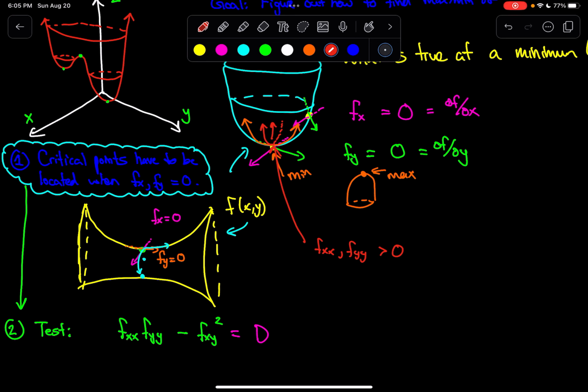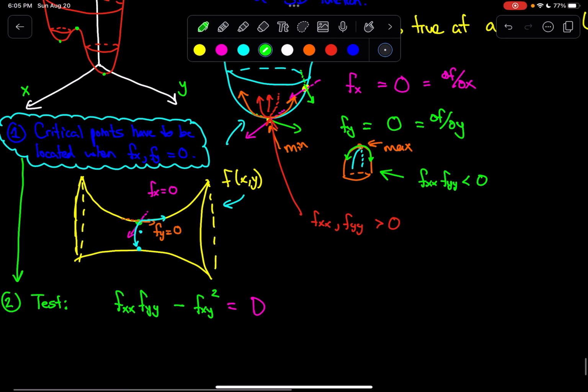Now, for a maximum, it's going to be very similar but opposite, right? We have to make sure that in the x direction, we're concave down, and in the y direction, we are also concave down. So in order to get a maximum, we would need this to happen, right? Okay. So the idea is that no matter what, I'll write this down.